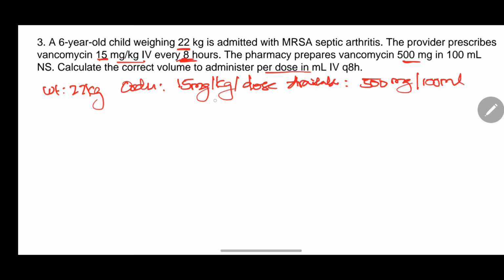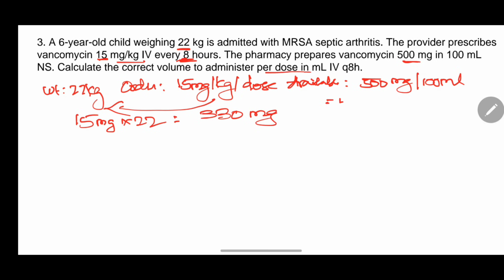Let us first calculate it according to the weight. So the order 15 milligram into 22 is 330 milligram. Now the available is 500 milligram per 100 ml. If anything is given like per 100 ml or 1000 ml, we have to convert it to 1 ml for easy calculation.